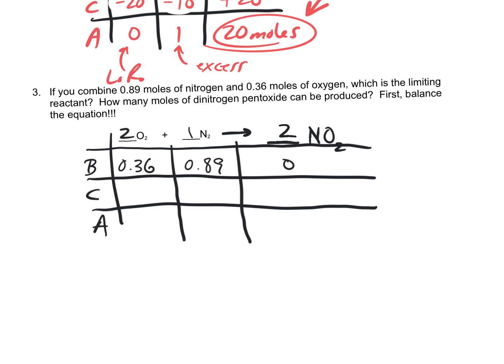So what if I use up all of the oxygen, 0.36 moles, the ratio is a 2-to-1 ratio, so therefore the amount of nitrogen that I need is only 1/2 of this. So I just need 0.18. All right, so I'm going to use up all the oxygen. I'll end up with 0 oxygen in the end.